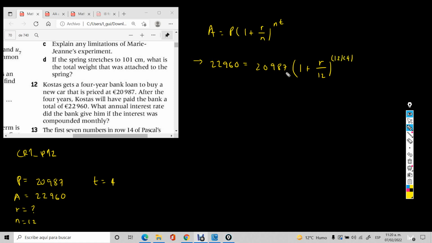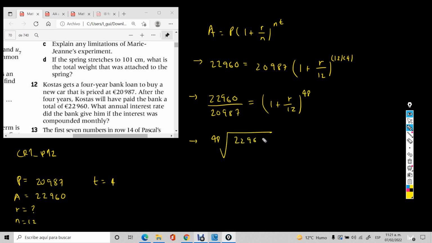So this is an equation that can be solved by, well, let me reduce it a little bit. This equals to this, 48, and then we have this.